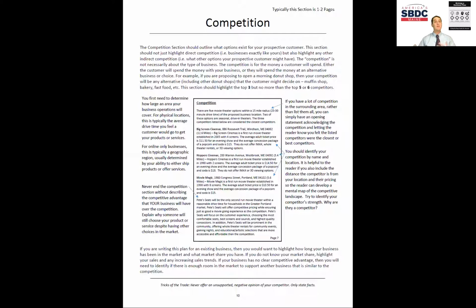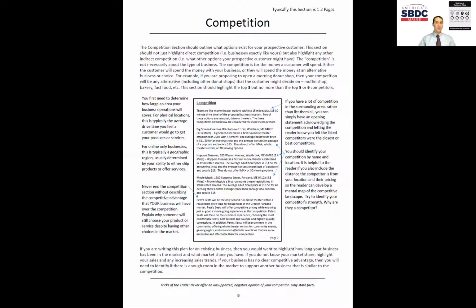Either drive time or miles, because that's your radius of who your competitors are, you know, how many are in that particular radius. If there's a great donut shop up in Bangor, but I'm in Portland, well, they're not really a competitor. So make sure you know what your particular region is.